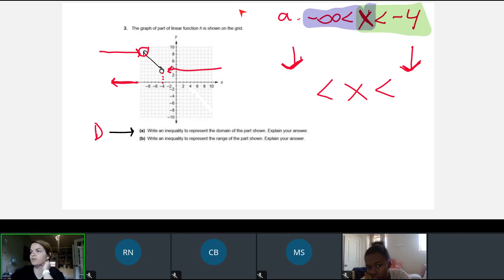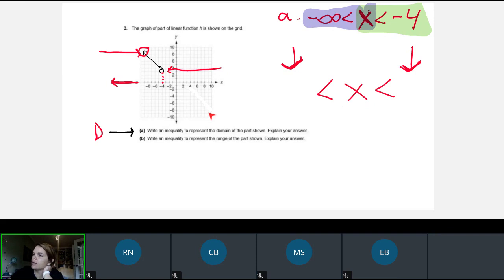Good. Perfect. Now, for the next one, take your mouse again, start on the right-hand side, go towards your graph, and where do you hit it?